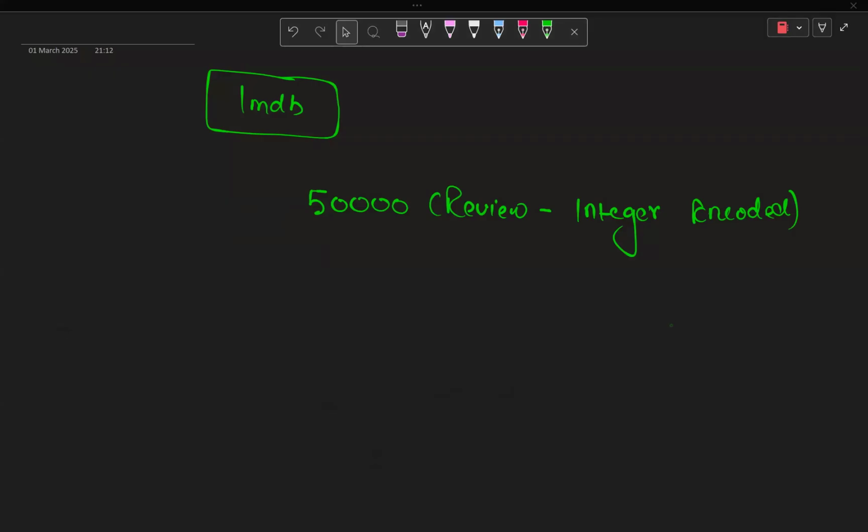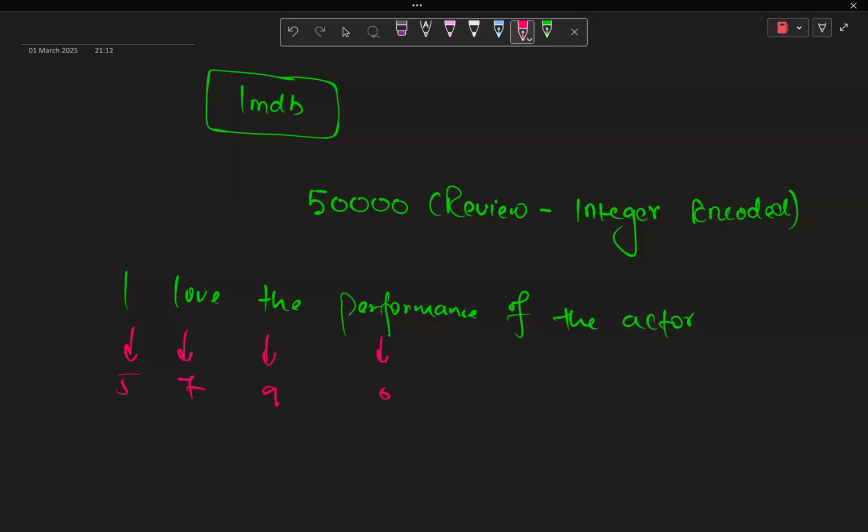Let's say I'm saying, I love the performance of the actor. This is one review. Every single word gets a number. For example, this got 5, this got 7, 9, 6, 5, 4, 900. So these are integer encoded numbers.